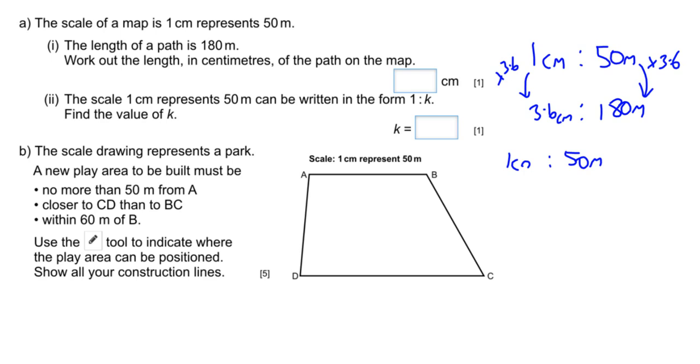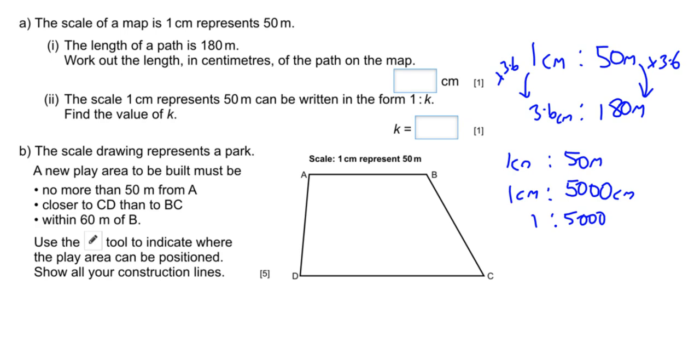So to convert that into centimeters, I'm going to say that is 50 times 100. So add another 2 zeros. And that is therefore equivalent. So then I can write it in the form of 1 to 5,000 because now my units are the same units.